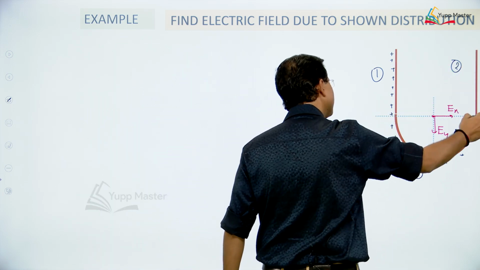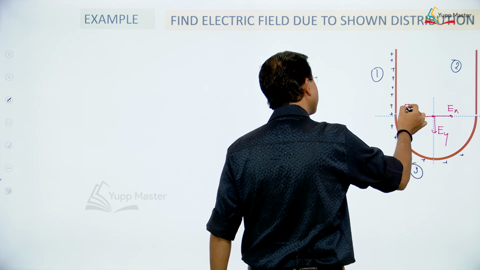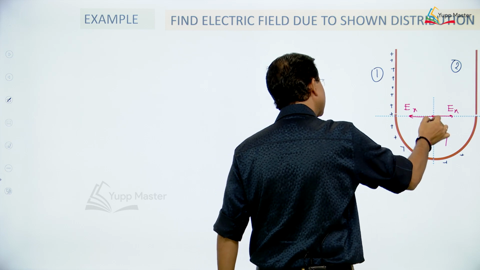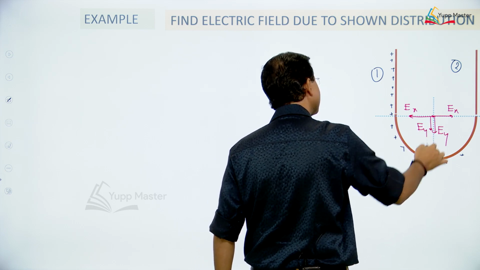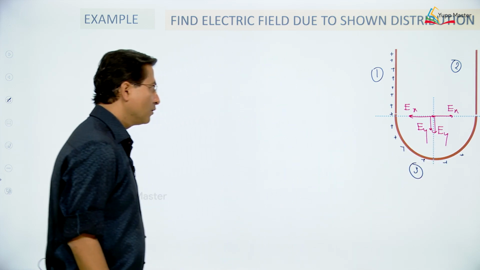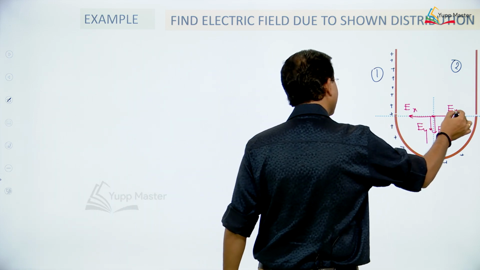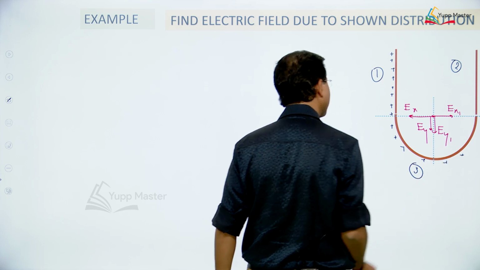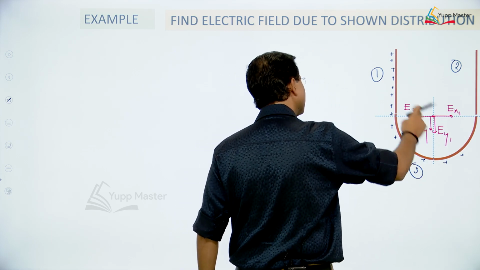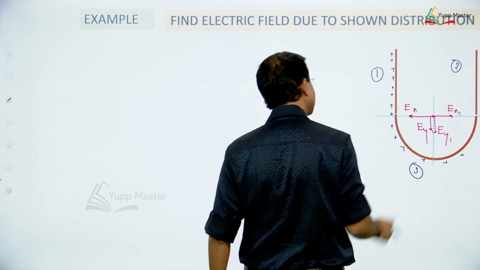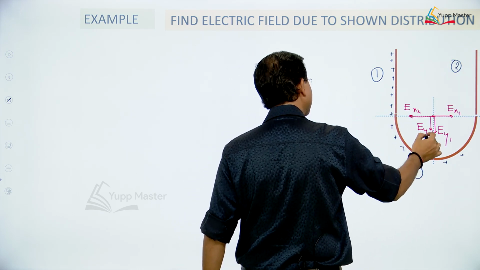Similarly, this will have one x component away from the distribution and another y component parallel to the distribution. So, I have just drawn the field by the first segment, these 2 components, x and y.